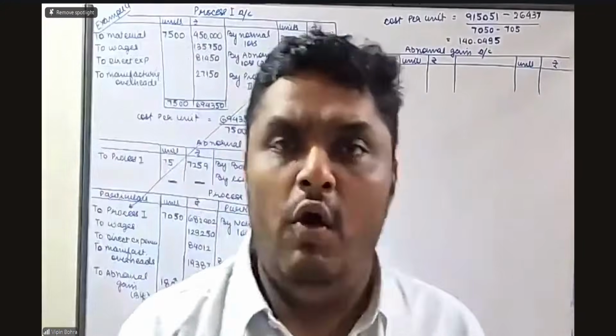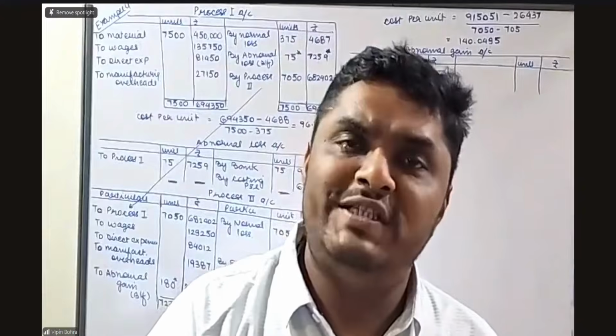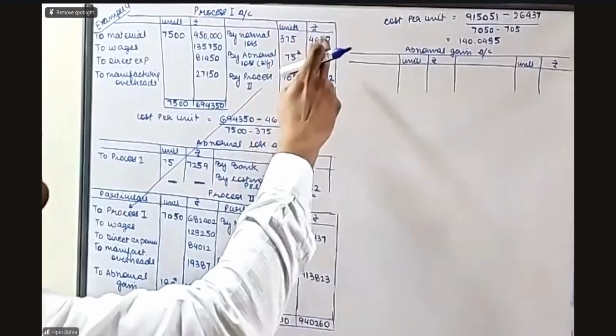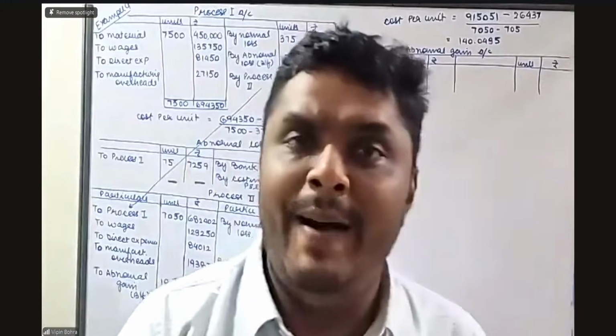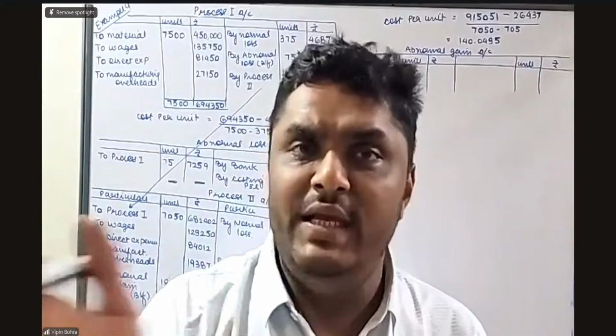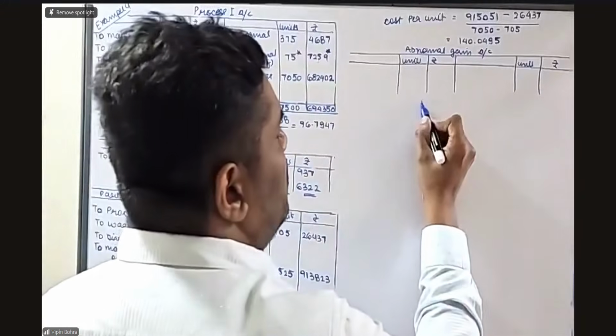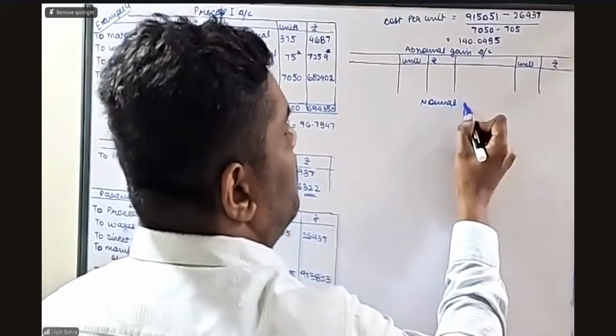See, we can prepare normal loss account separately for process first and process second. But for process first, it is very simple, 375, 4687 and by the same amount. So I'm ignoring the normal loss of process first account, just preparing the normal loss for process second.